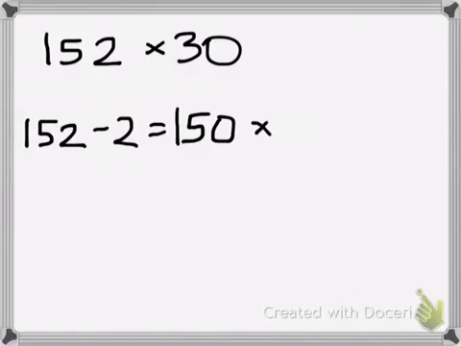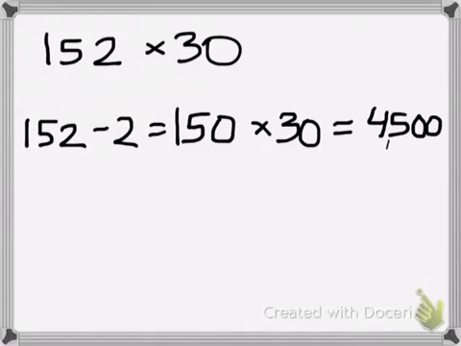I'm going to multiply this factor by 30. Again, I can do this in my brain because I know that 3 times 15 is 45. And then I know if I stick the 2 zeros onto the end, I get 4,500. Okay, in this example, back at the beginning, I subtracted 2.